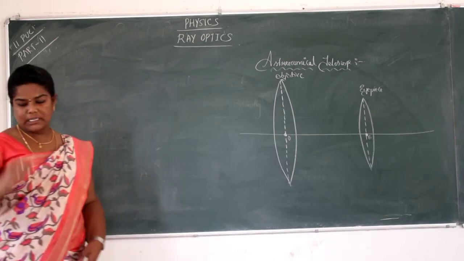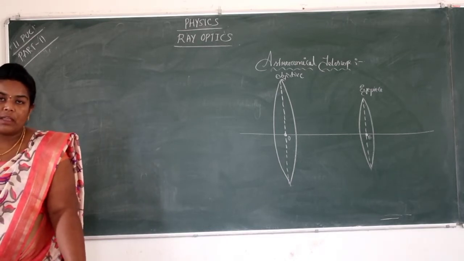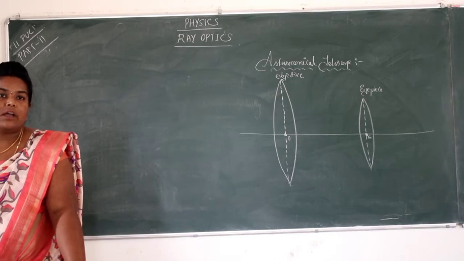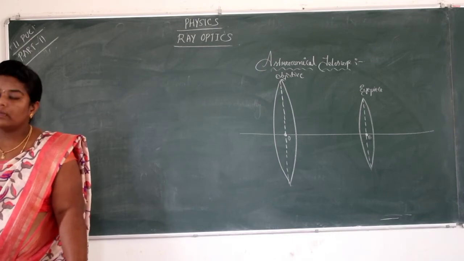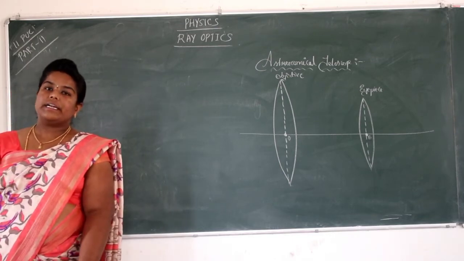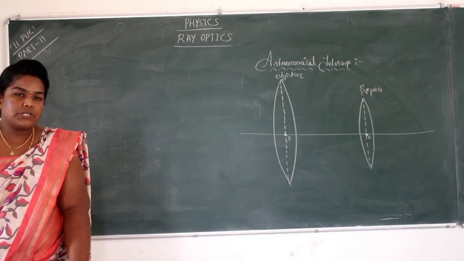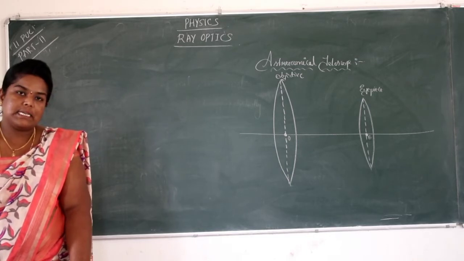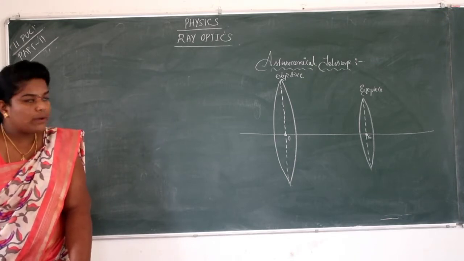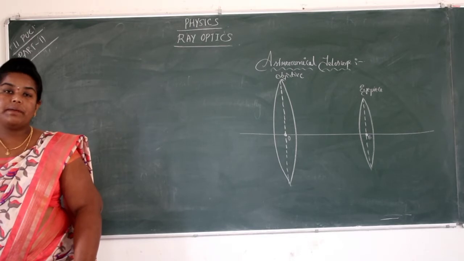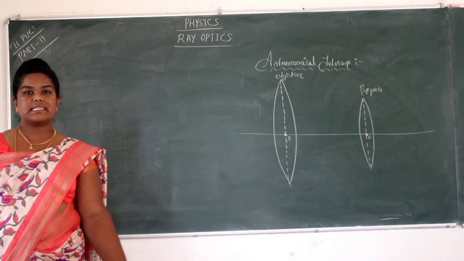In that part, write: It consists of two convex lenses placed coaxially at the outer ends of two sliding metal tubes. The lens with the greater aperture and the greater focal length is called the objective lens, and the lens with the lesser aperture and the lesser focal length is called the eyepiece, placed towards the observer. The distance between the objective lens and the eyepiece can be adjusted with the help of a rack and pinion arrangement. I hope you have written this construction.